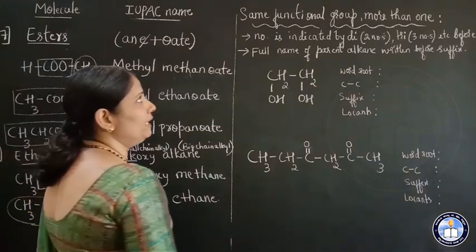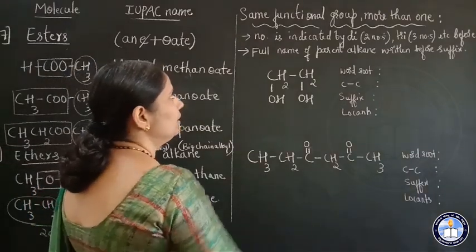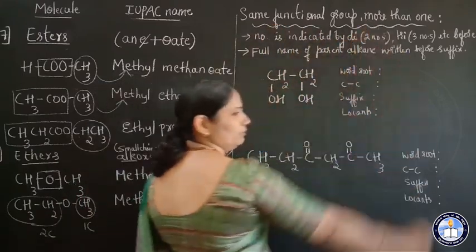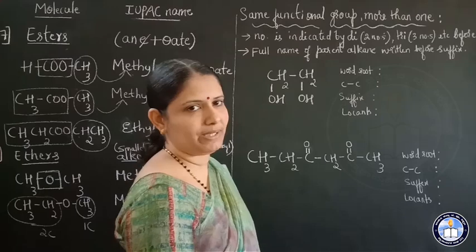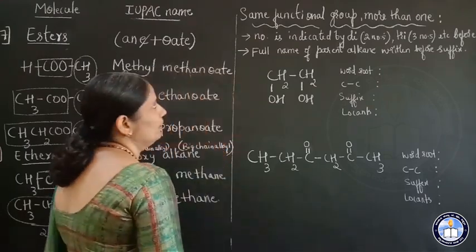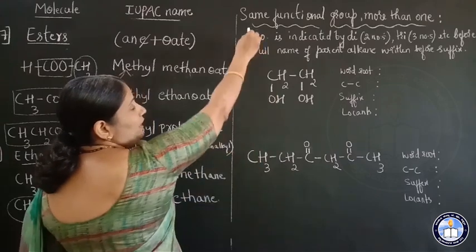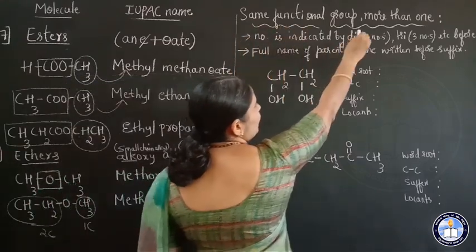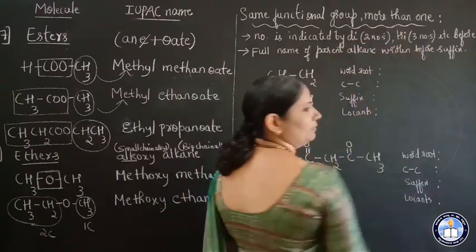Now suppose in the organic compound, the same functional group is present more than once, if 2 functional groups are present, 3 functional groups are present.